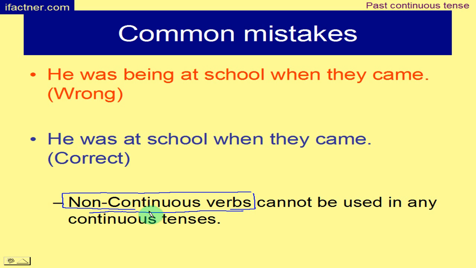The link is given in the description. This is the wrong sentence: he was being at school when they came. The correct form is: he was at school when they came. So here we cannot use past continuous tense.